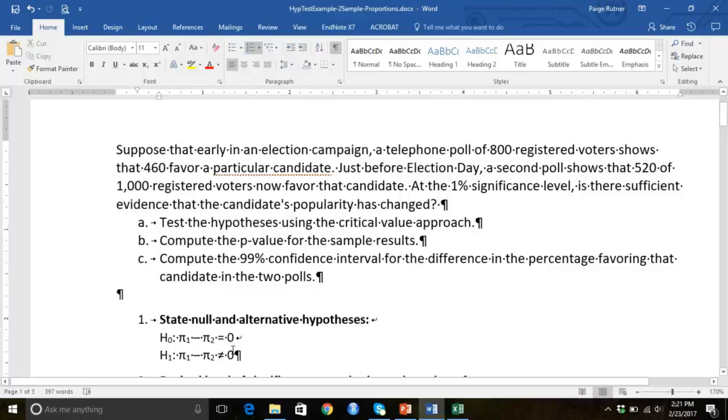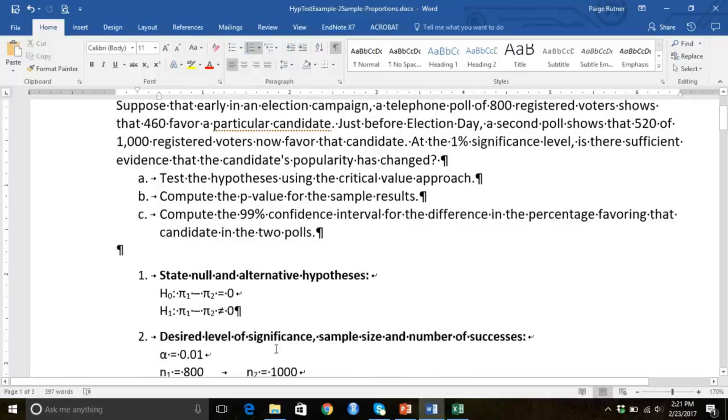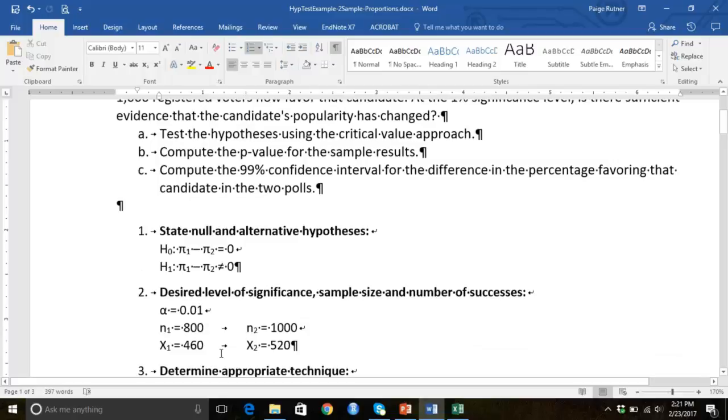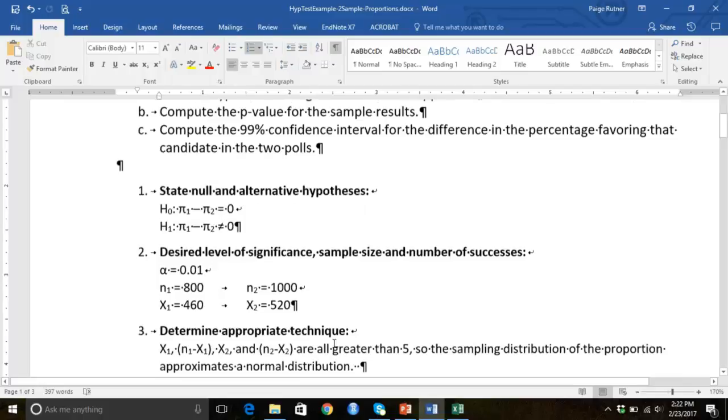I couldn't really come up with a better way to do subscripts for this one, so I'm just using 1 and 2. So our null and alternative hypotheses there, and then gathering together our information, testing at alpha 0.01, and for the first poll, 460 out of 800, for the second one, 520 out of 1,000.